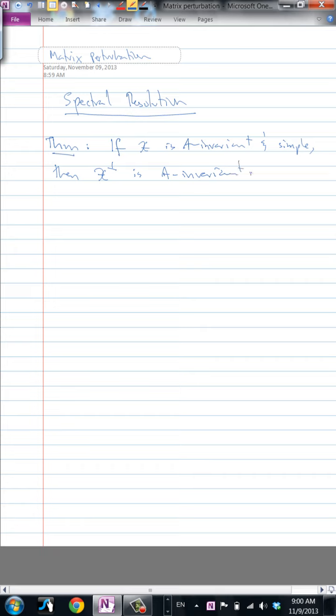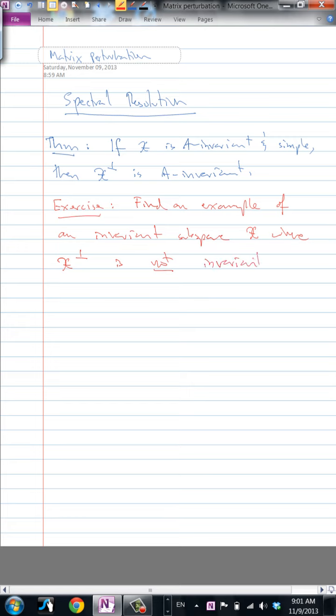And you can check that this doesn't always have to be the case. So let me just leave this as an exercise. Find an example of an invariant subspace X where its perpendicular subspace is not invariant.